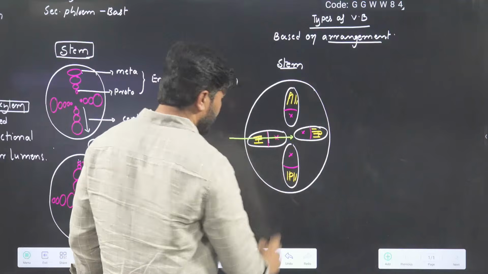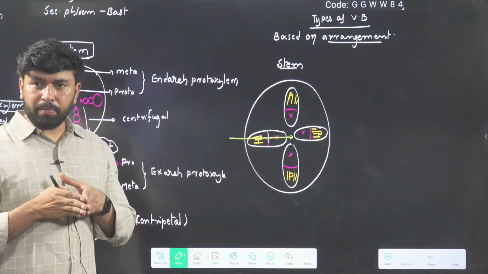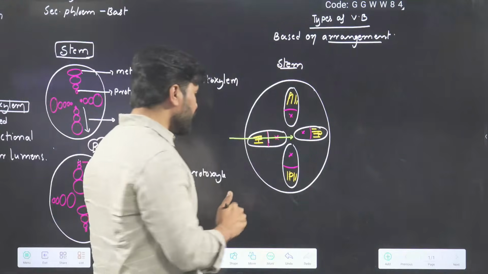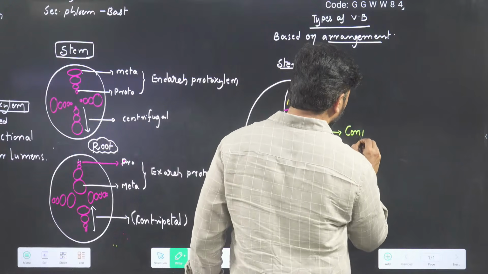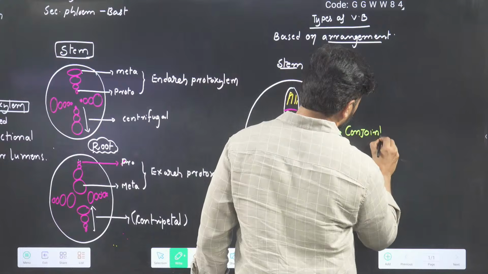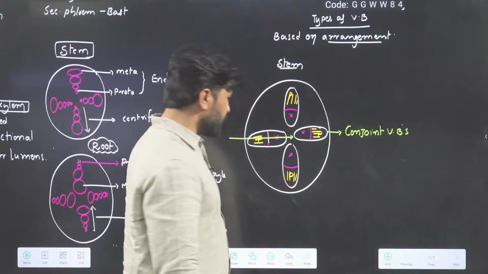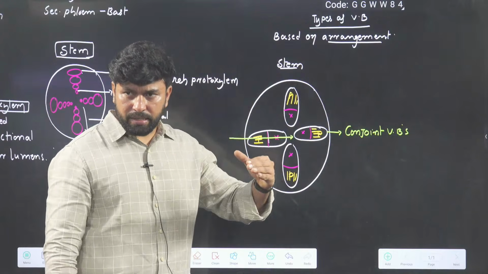If I draw a radius, that radius can penetrate xylem and phloem together. Such an arrangement of vascular bundles is called a conjoint vascular bundle. That means xylem and phloem are arranged on the same radius.